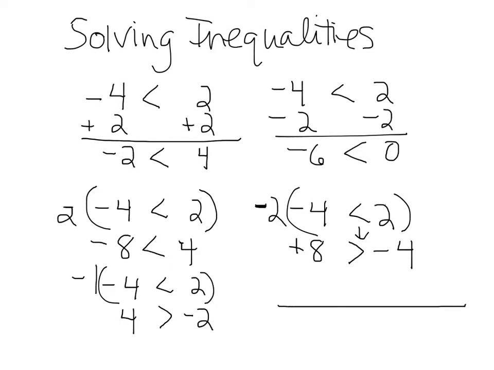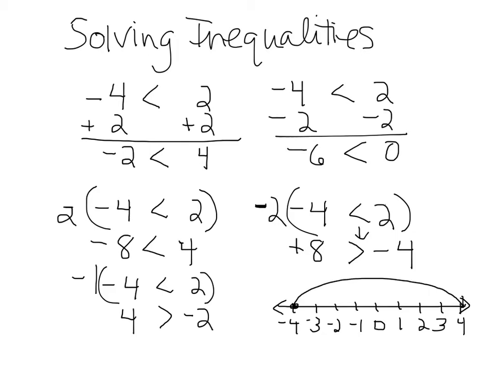If you think about a number line, with 0, 1, 2, 3 and -1, -2, -3, -4, if I start at -4 and multiply by -1, it makes the opposite and pulls it this way.